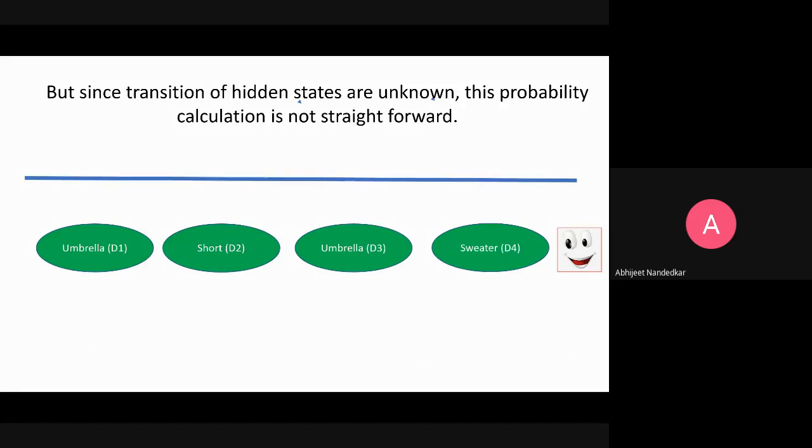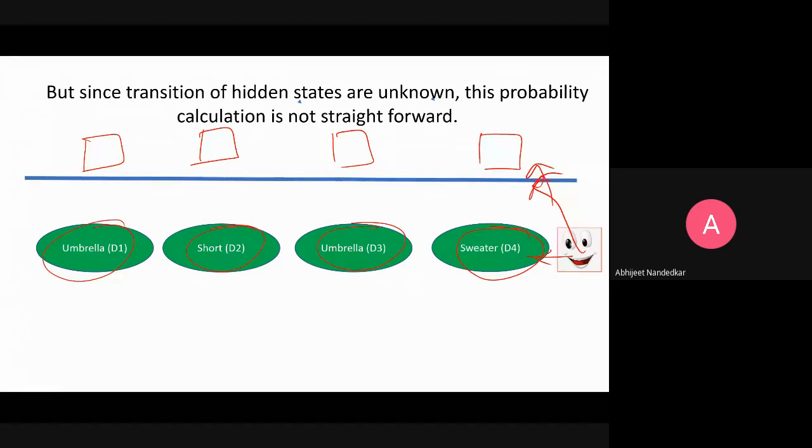So when you just see umbrella, shorts, umbrella and sweater, what was the day here? This is not seen by this person. The person can see only these things, umbrella, shorts, umbrella, sweater, but what the actual day outside was is not visible.